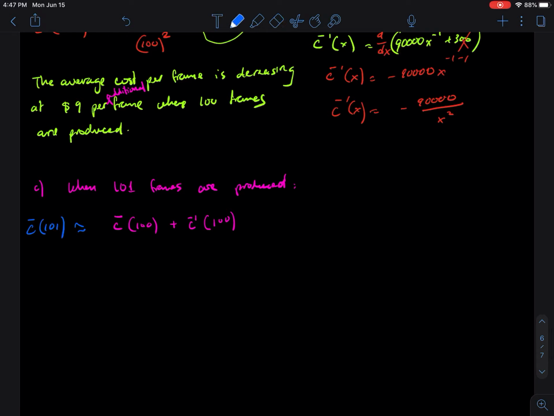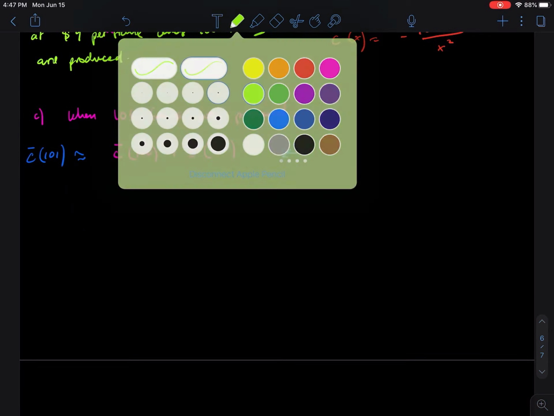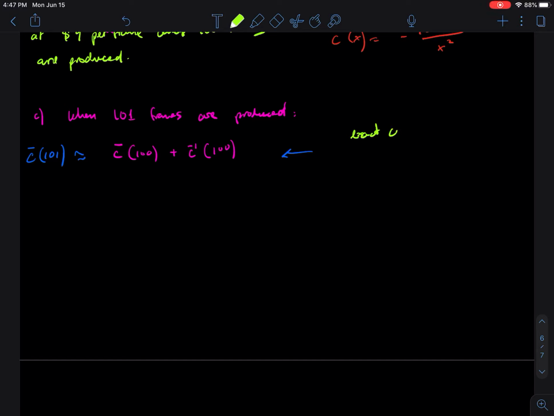This formula comes from the exact cost formula: C prime of x can be estimated by the exact cost, which is C of x plus 1 minus C of x.